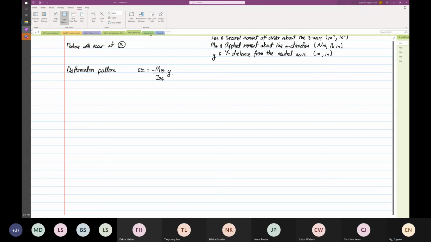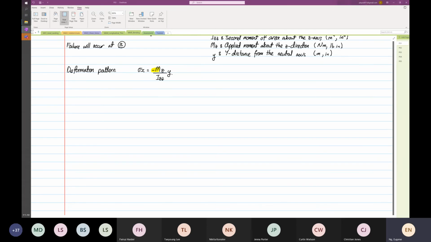Okay. Now the curious thing is this. You have a minus sign. Okay. Why does this minus sign have to be there? You will be asking, why are we putting a minus sign in front? By the way, the moment and the y are vectors.